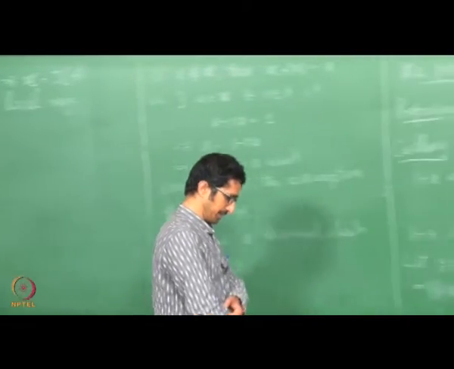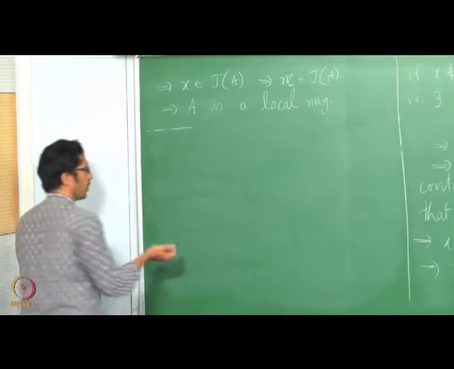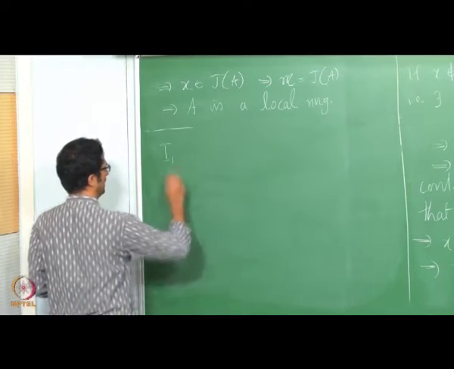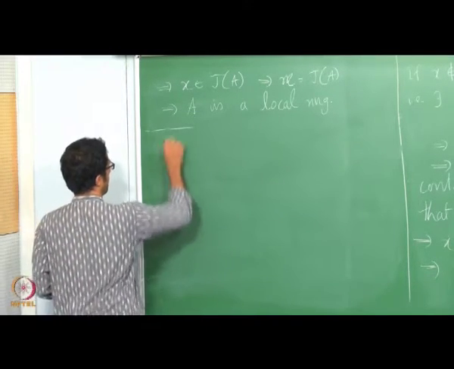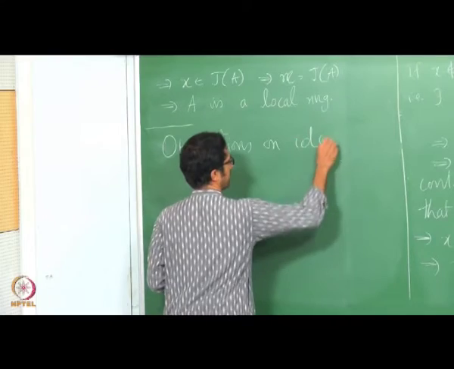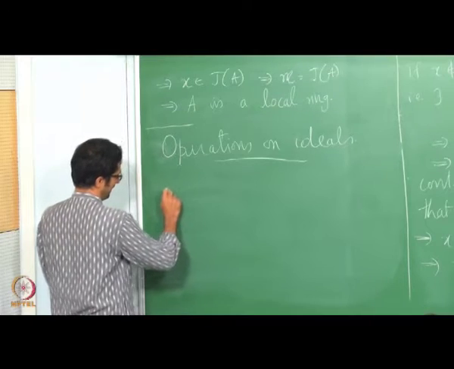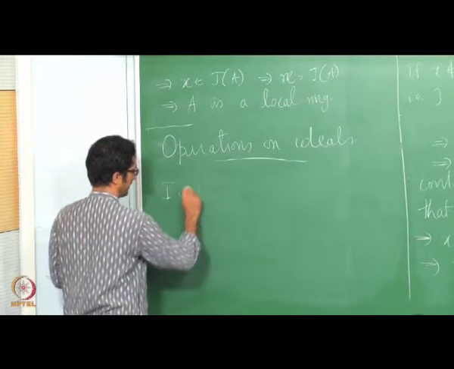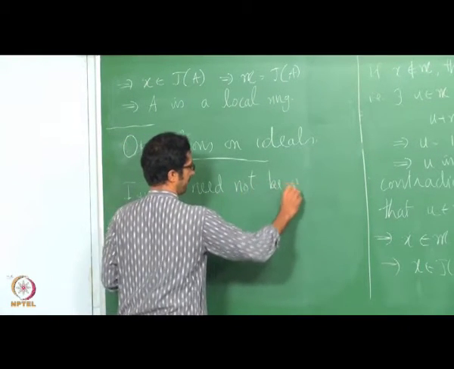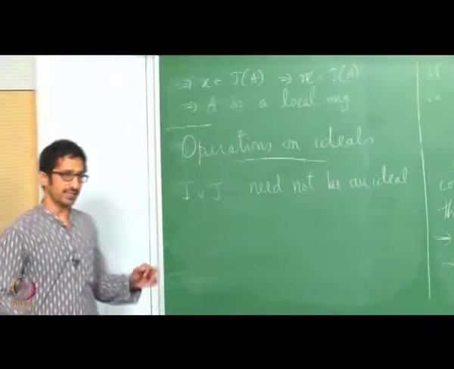We will come back to these properties as and when we go along. Let us look at some of the properties on ideals. You have seen that the operation of taking the union, this need not be an ideal. When is this an ideal?